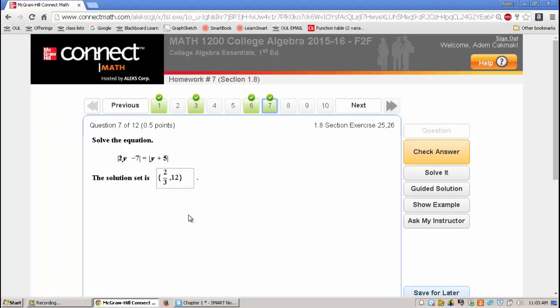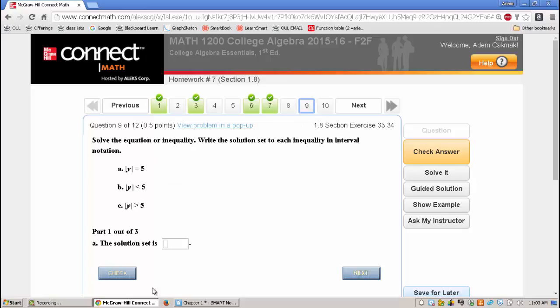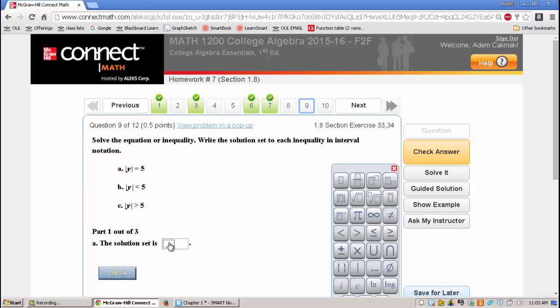So part A was easy. But this one, it's still equality. Here we go. The solution set is, I think it means part A. It doesn't say part, oh no, it says part A. Okay. It's 5 and negative 5.